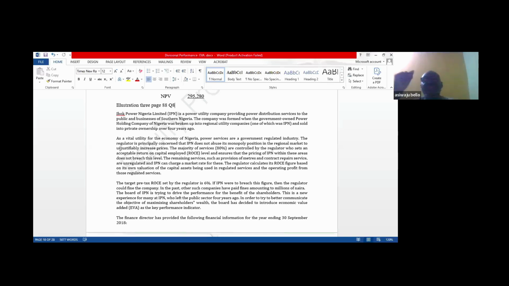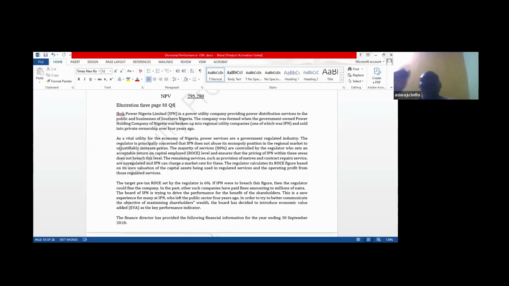The remaining services, such as provision of meters and contract repair services, are unregulated, and IPN can charge a market rate for these.